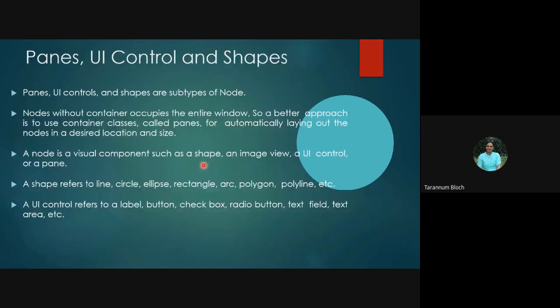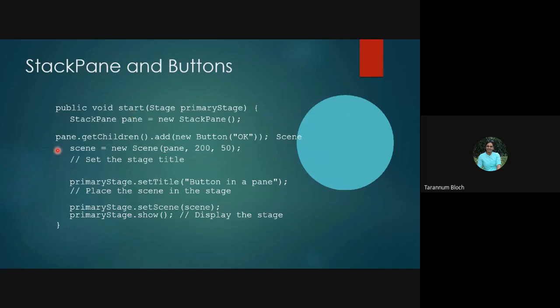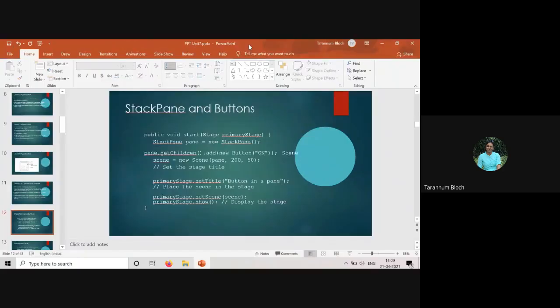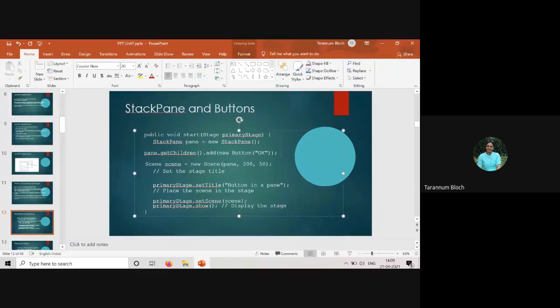So we'll say pane dot get children. We say dot add. What you want to add is new button, and we gave the label of the button in the double quote, right? So this will create a button with the label OK, right? The button label is right now OK.